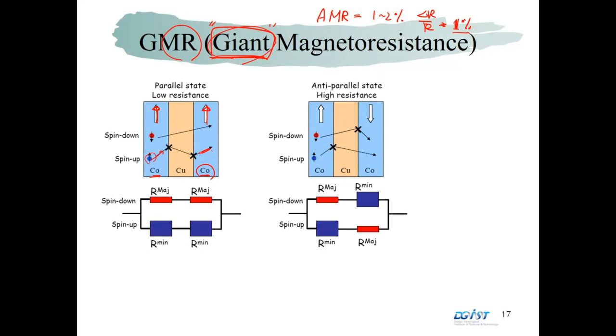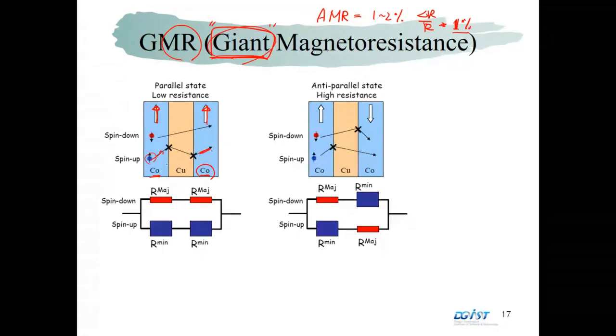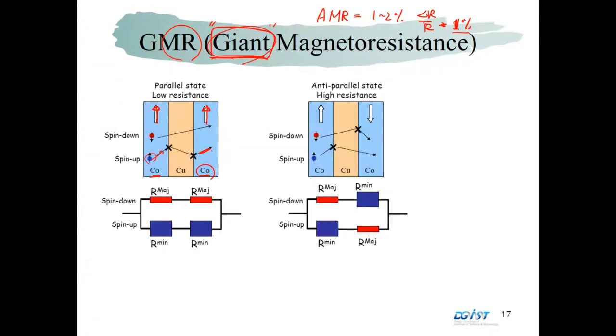So we assume the resistance of the spin up is large. In the spin down case, there's no strong scattering, so the resistance of the spin down is small. The same here.